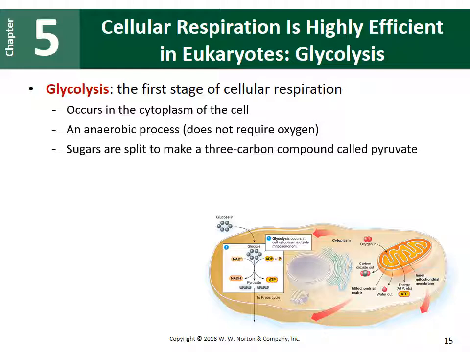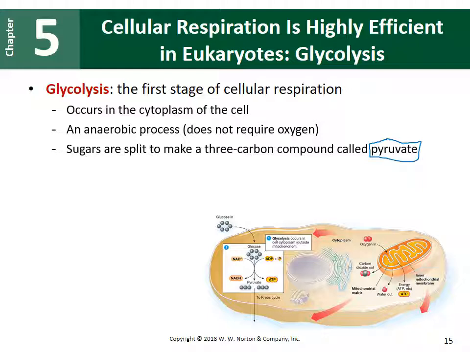In this process, we take sugar, glucose, and it's split into a 3-carbon compound called pyruvate. So what's going into it is glucose, and what is coming out of glycolysis is pyruvate.